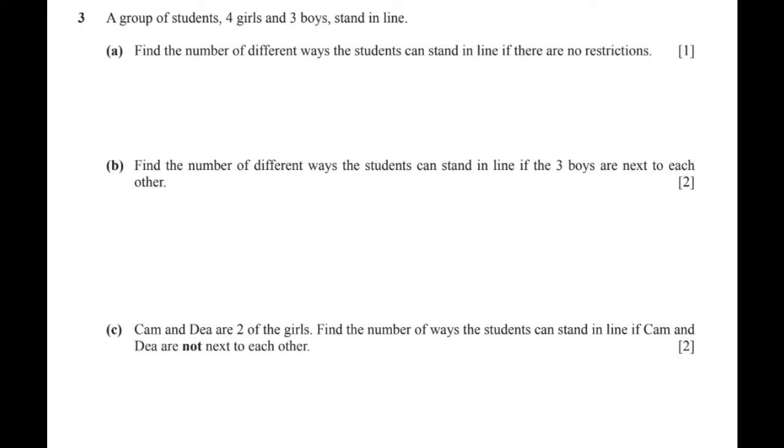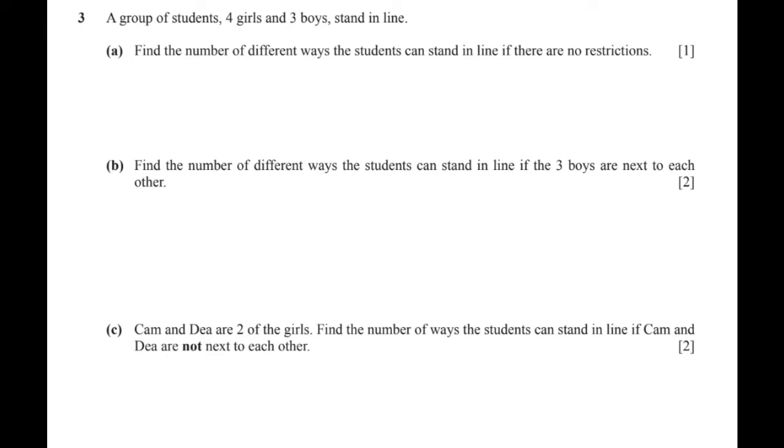They're not clones. The 4 girls are not clones. The 3 boys are not clones. So it does matter what order they're in. When we say different ways, that means different orders of these individuals. So order matters.